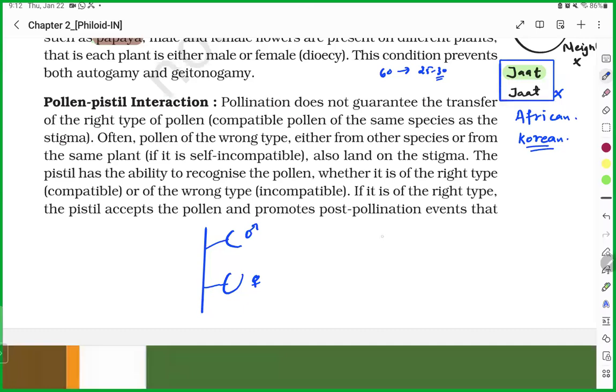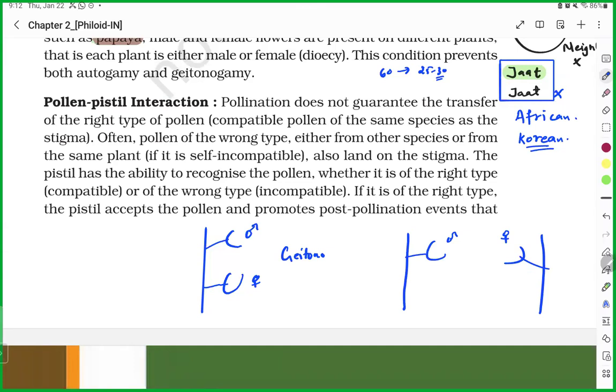But this is heterogamy. In papaya, one plant has male flowers and another plant has female flowers.